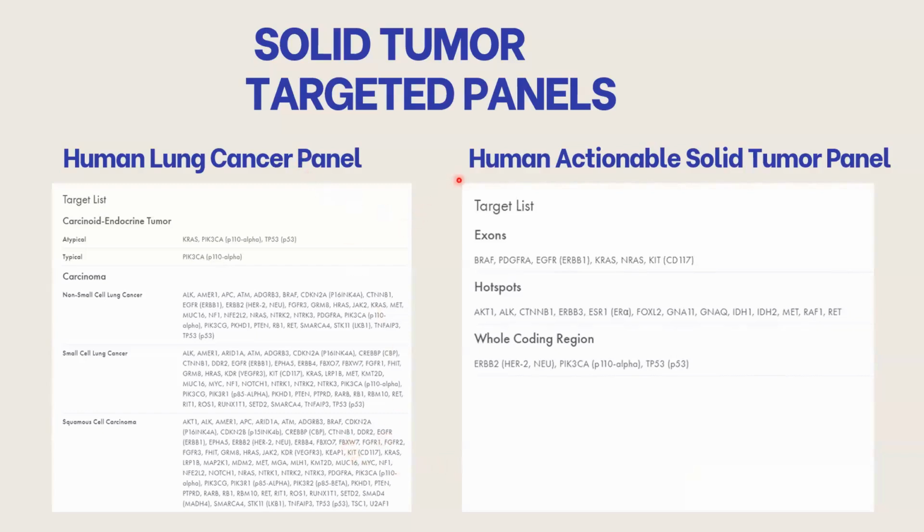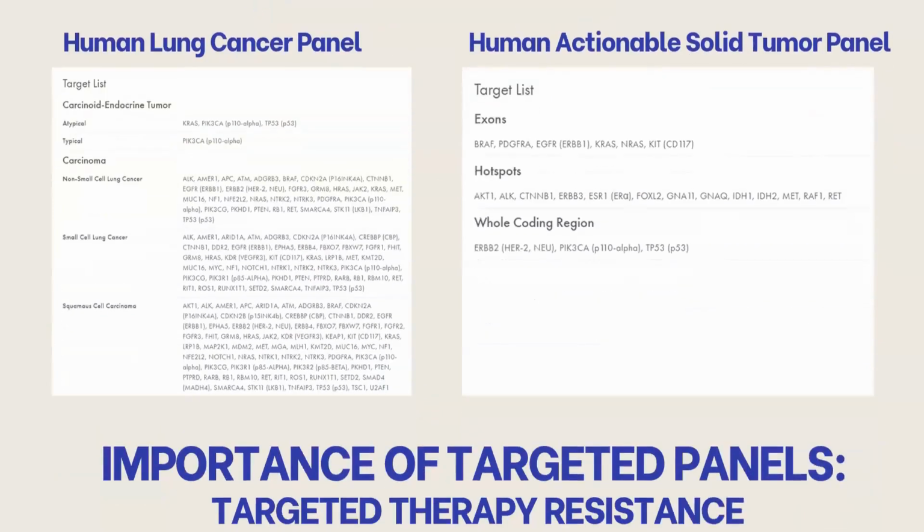But here you have already designed panels for human lung cancer panel, for example, and the human actionable solid tumor panel. These are the genes that it covers. And here it mentions, for example, which cancer contains which genes. Which mutations are found in which genes, obviously.